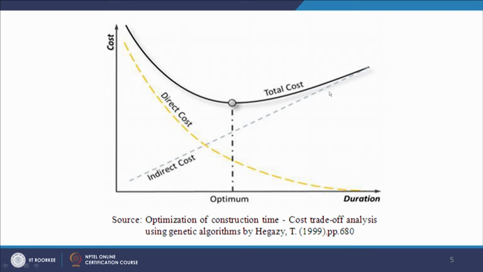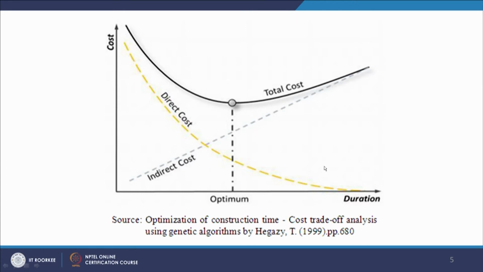Very easily we can calculate: suppose it is x rupees per day, then for 10 days 10x, for 20 days 20x. So it is higher as we increase the duration of the project.